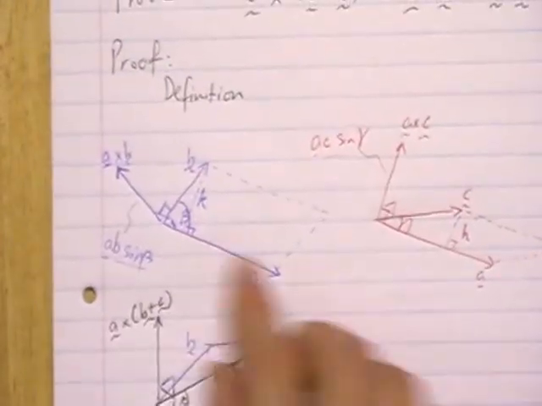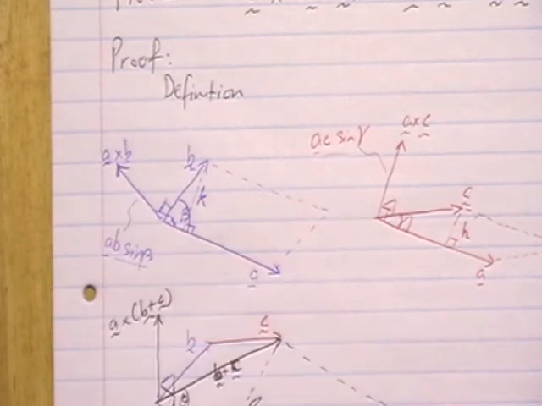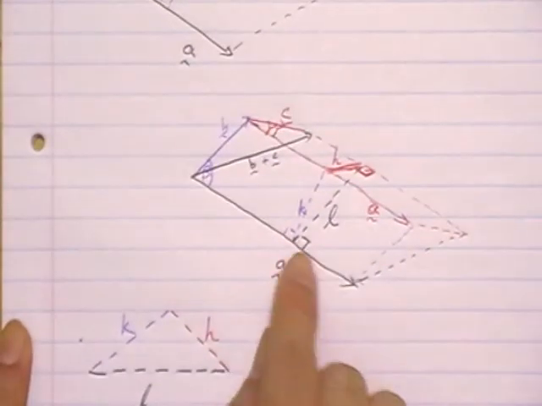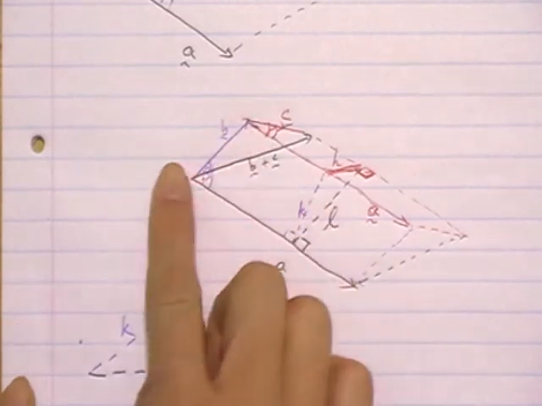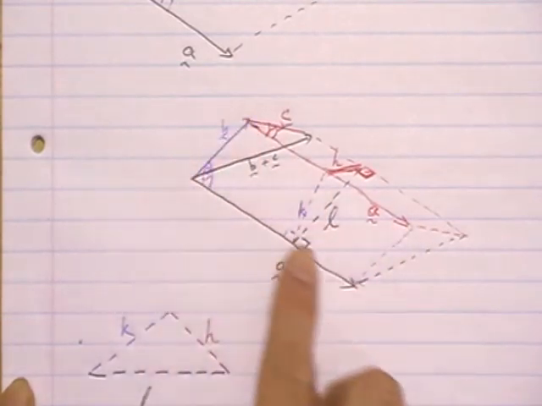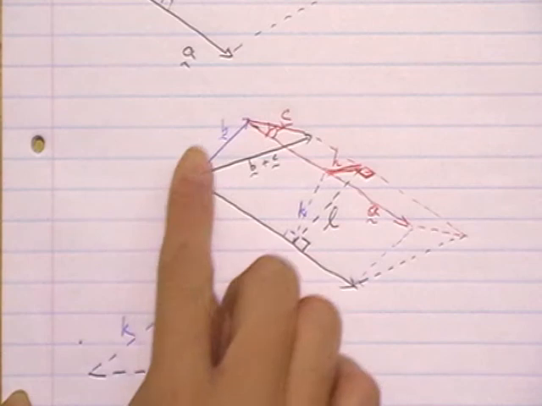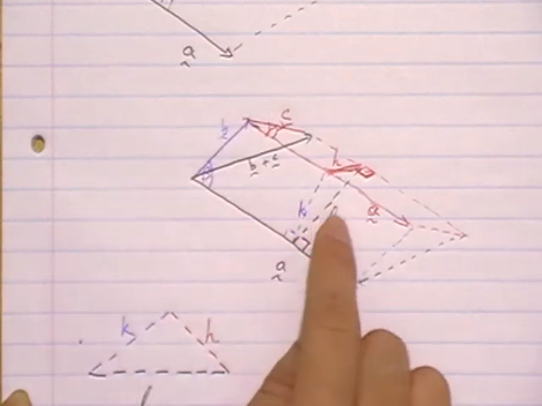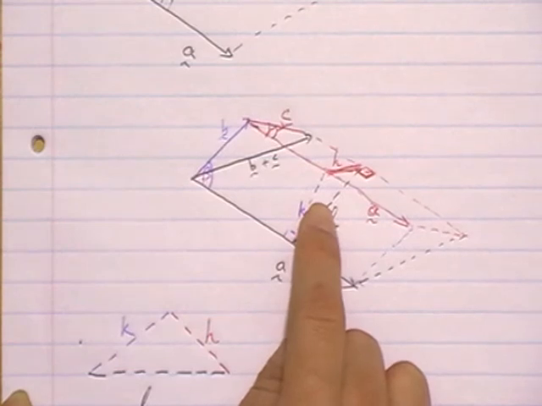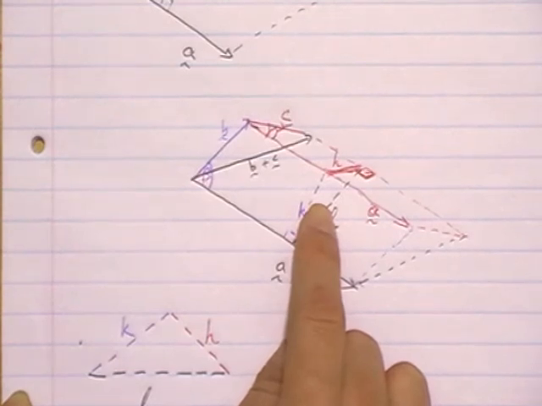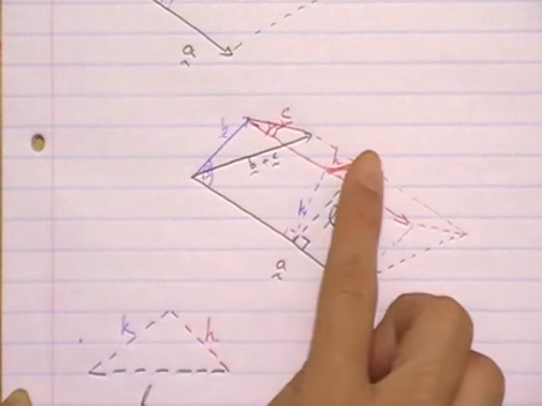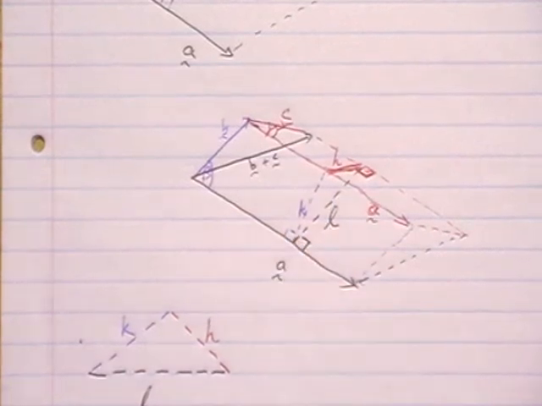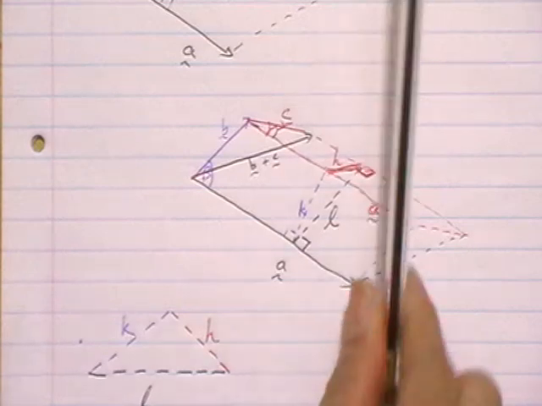Now, I was talking about A cross B. And A cross B, if you look at this, is perpendicular to this side of the figure, this plane contained by A and B. So that also means that it is perpendicular to K, and it's also in the same plane as this triangle. Right.